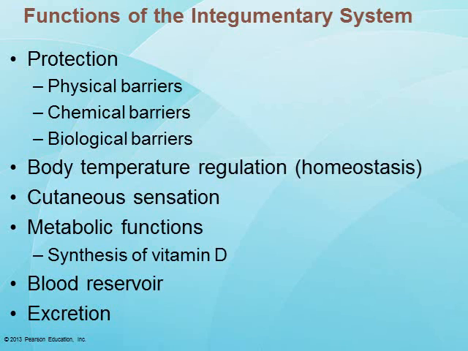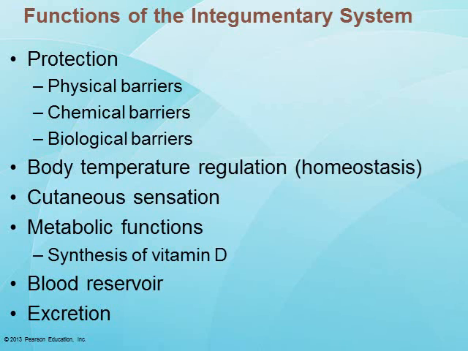Physical barriers, like the epidermis, form waterproof layers and prevent things going in and out of your body. Chemical barriers, like different antibodies and chemicals inside your skin, kill the bacteria and the virus. And also the biological barriers: you have white blood cells inside your skin to protect you from microorganisms from the environment. That's the protection function of the integumentary system.